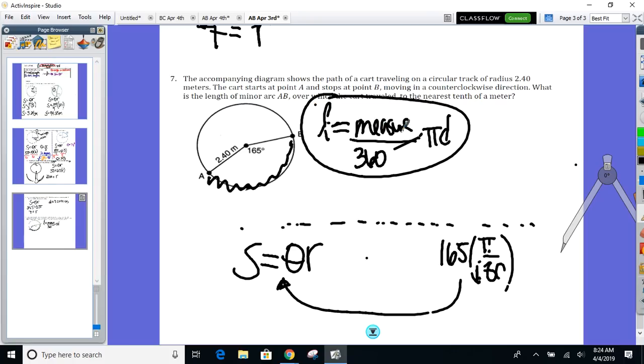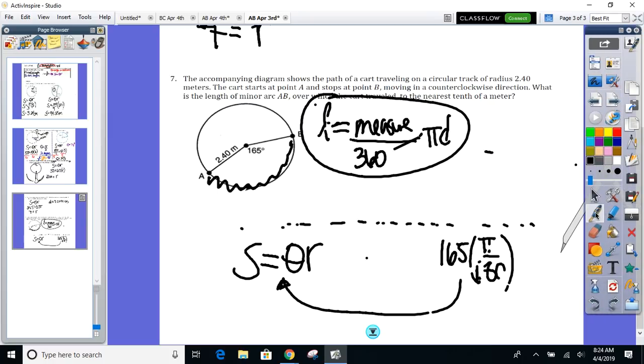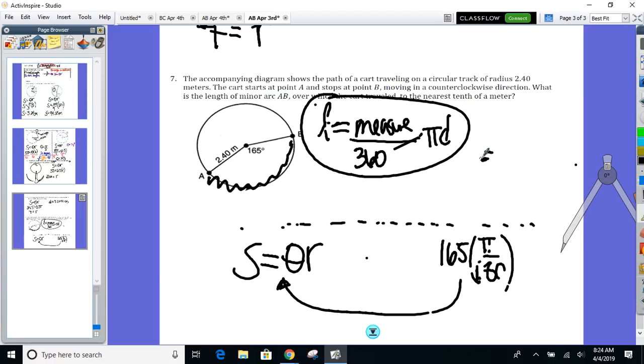All right, so take a minute, use either formula, and calculate to the nearest tenth of a meter the counterclockwise distance from A to B. And you should be getting 6.9 meters.